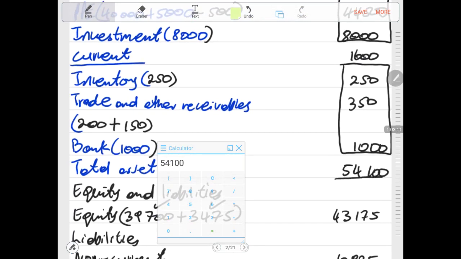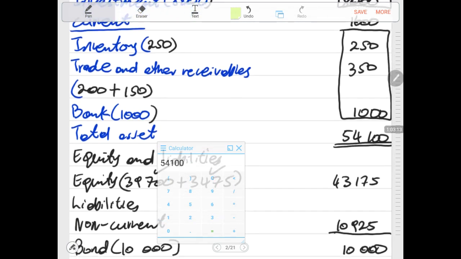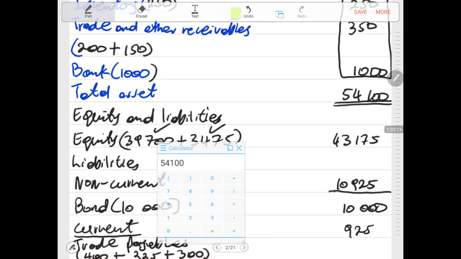54,100 rands. So our liabilities and owner's equity must give us the same amount. Now we have the total of the liabilities. Current, we had 925, and the total of that, draw a line there, became 925. And our non-current was that figure. Then now we can say our total equity and liabilities. I want to write it here on top because of the space limitation.